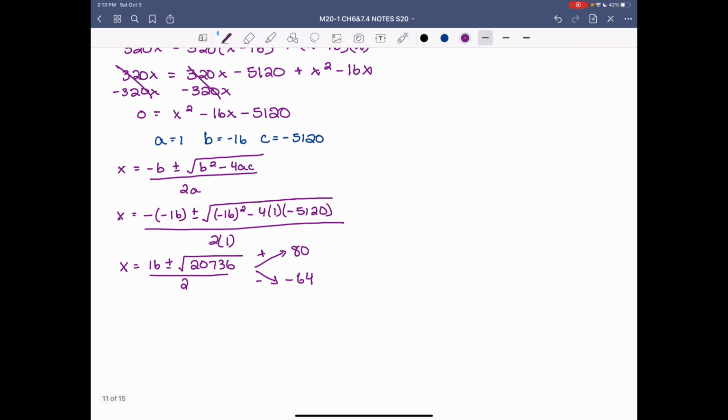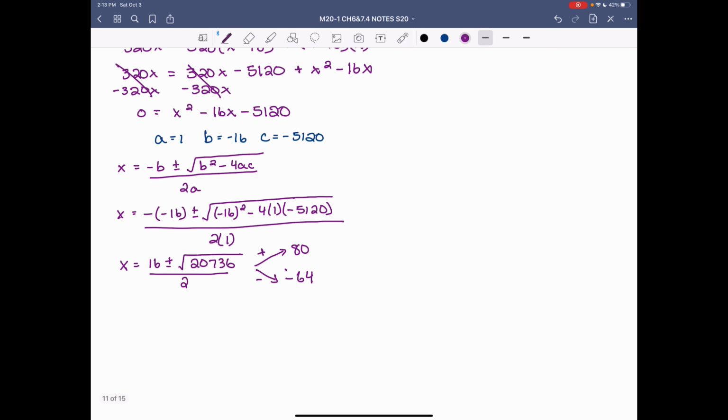So x is a speed, which means it can't be negative, so it can't be this one. That means this is the faster speed of the train is 80 kilometers per hour.